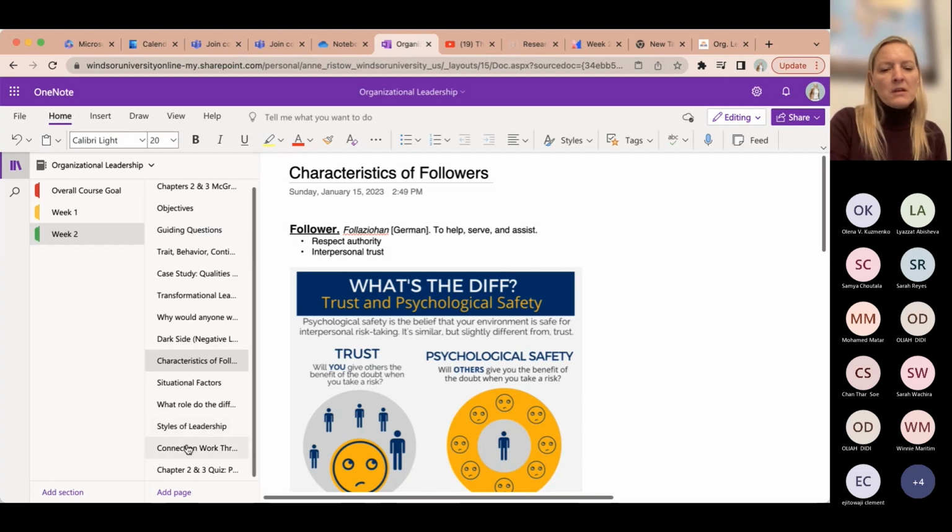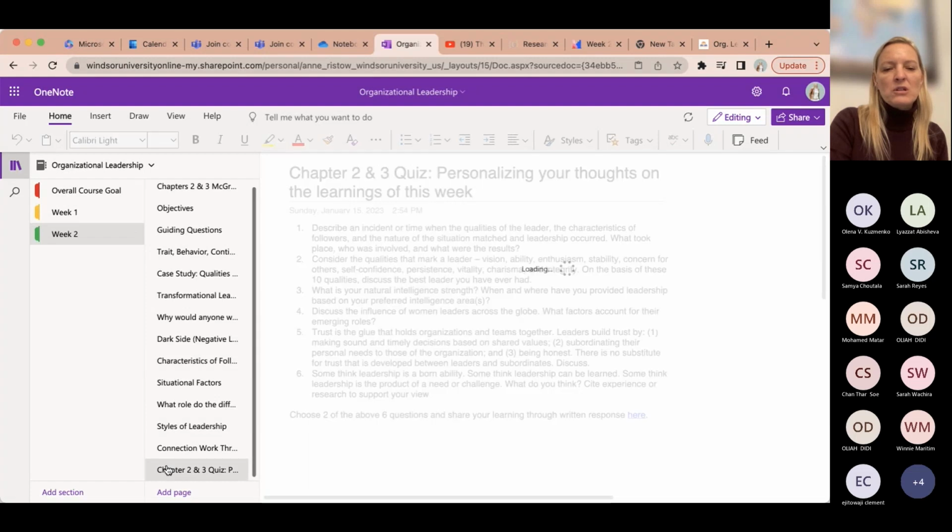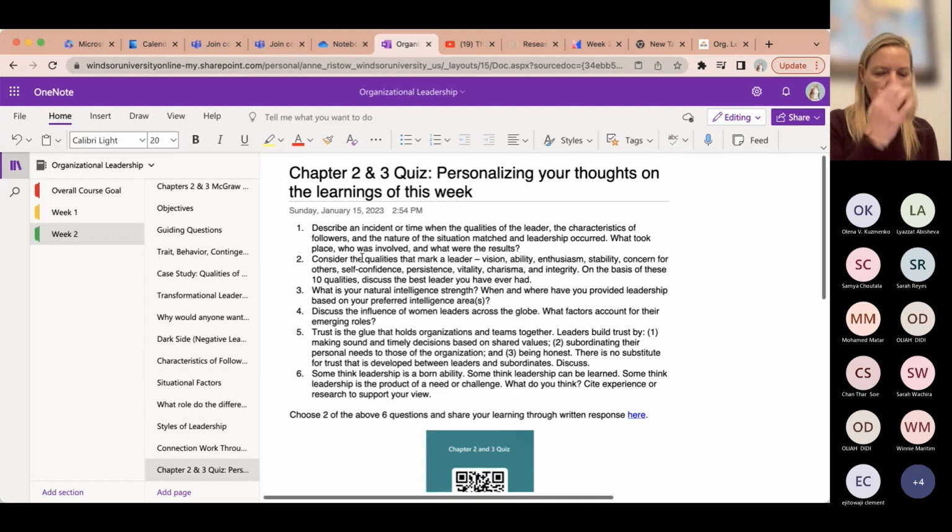And then the connection work throughout will stay the same for next week, so you can get a start on it if you would like to. But none of those areas will impact your selection for the Chapter 2 and 3 quiz for this week.